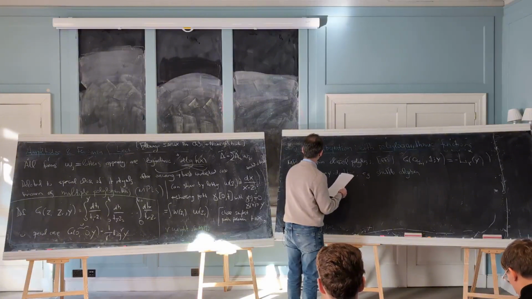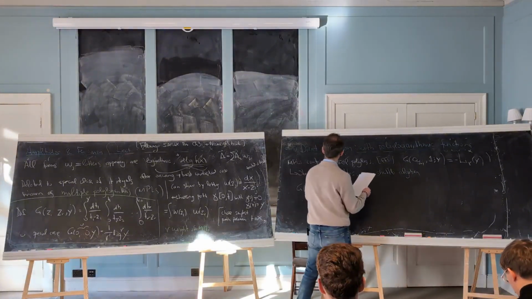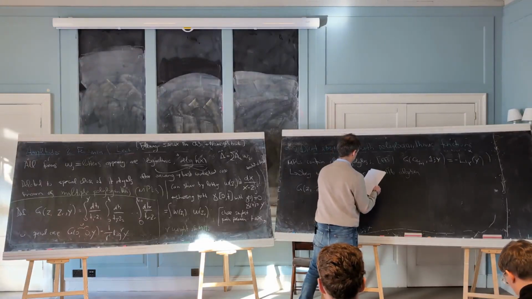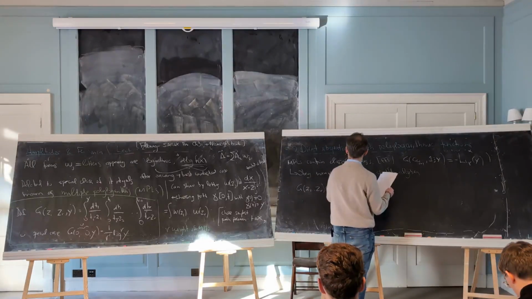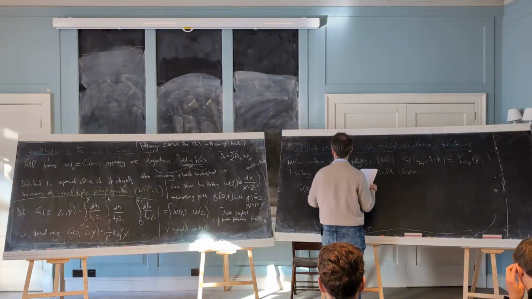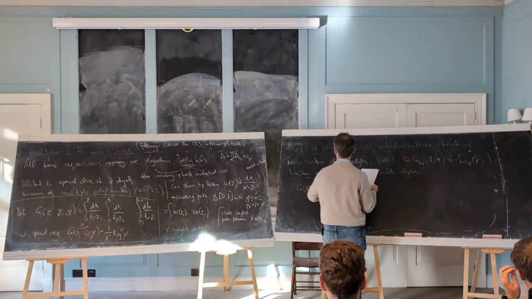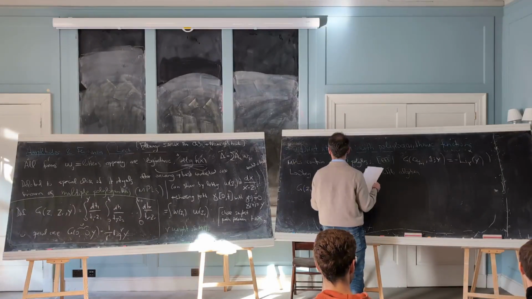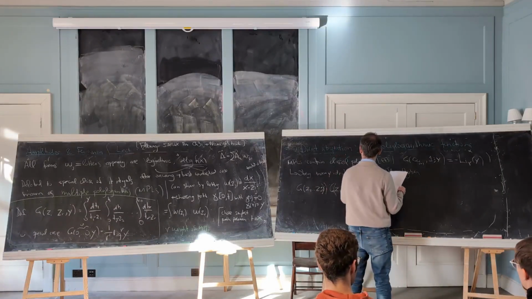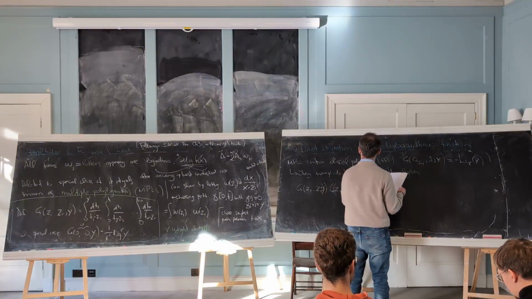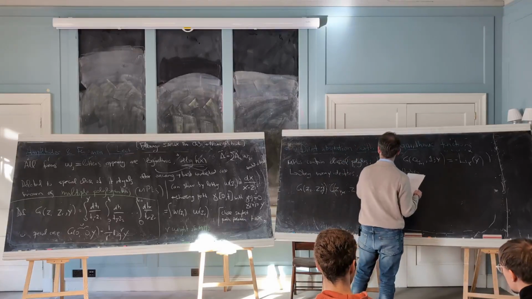G of z1 to zr1, y times G of zr1 plus 1 to zr1 plus r2, y.